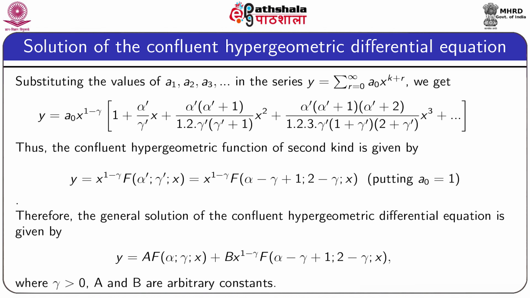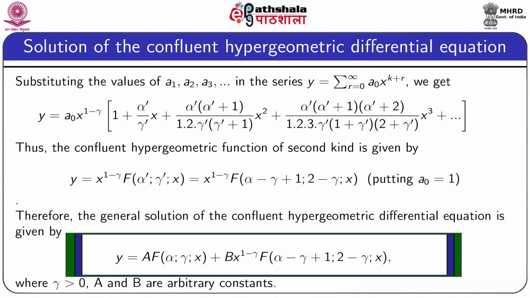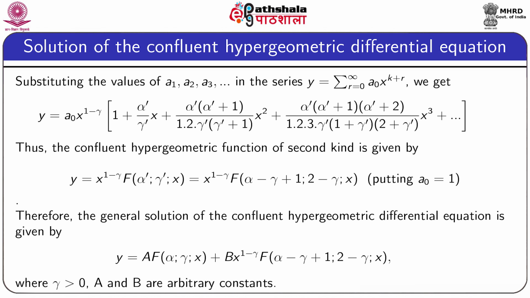And hence, we conclude the general solution of the confluent hypergeometric differential equation is given by y equal to A times F(alpha, gamma, x) plus B times x to the power 1 minus gamma F(alpha minus gamma plus 1, 2 minus gamma, x), where gamma is positive and capital A and capital B are arbitrary constants.